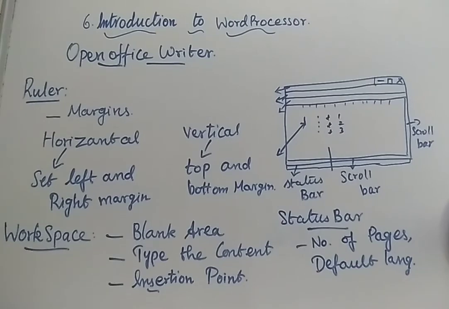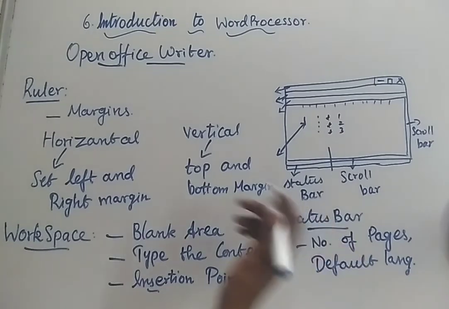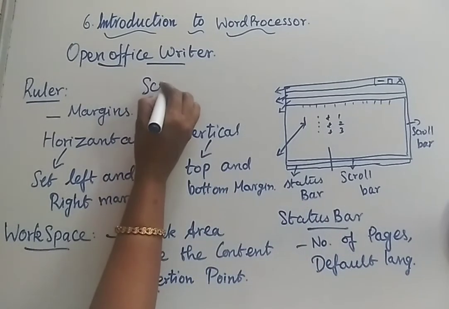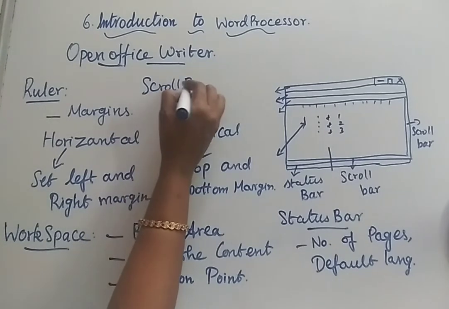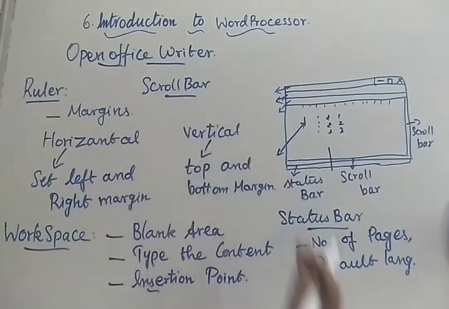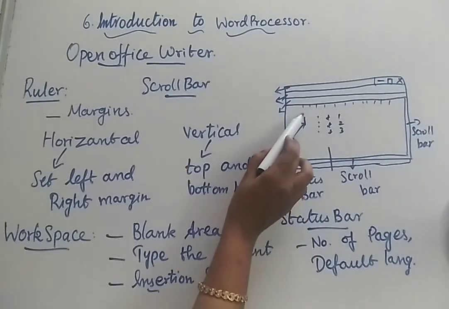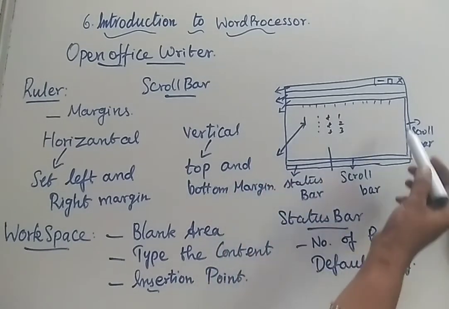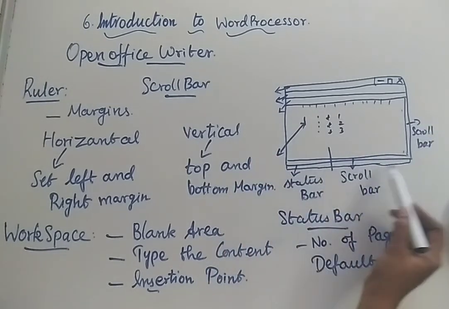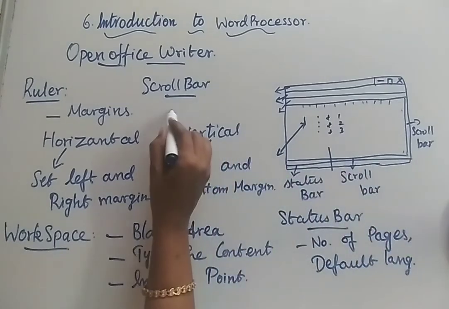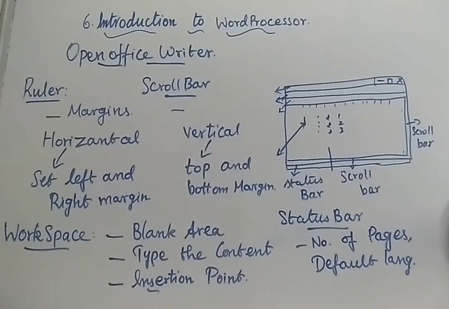And the next one you have is your scroll bar. By the name itself, it helps you scroll the document. In this window you have only this much area, so to scroll it down or scroll it to this side, you can use the scroll bar. Here you will have two types of scroll bar. What are they? It is your horizontal scroll bar and your vertical scroll bar.